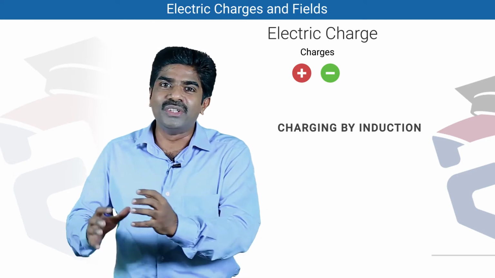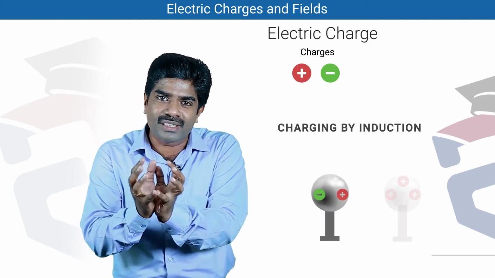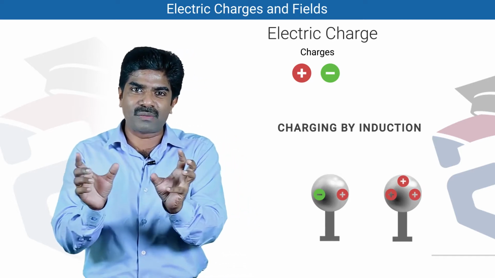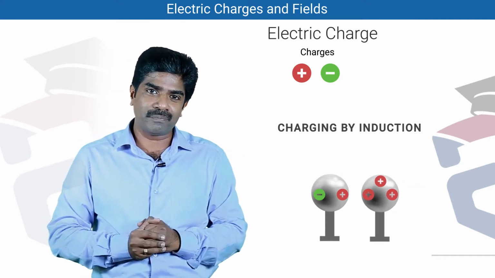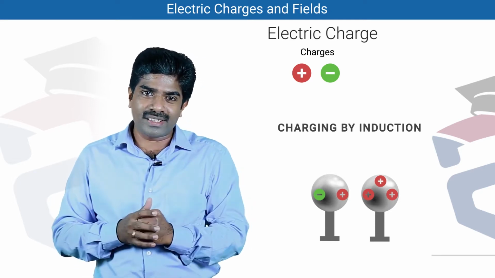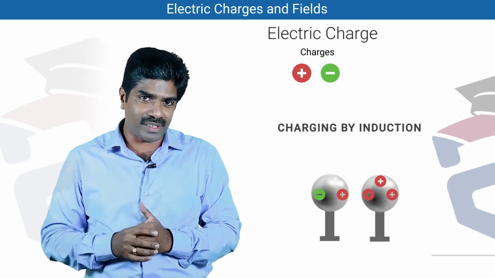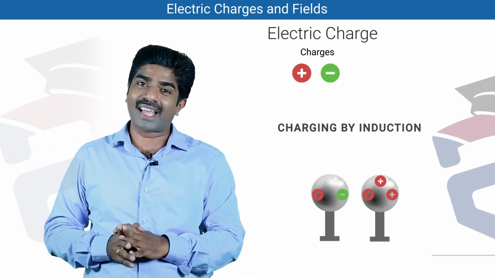Suppose you have a neutral sphere on an insulated stand and a charged sphere on an insulated stand. Both of them are placed close to each other. The positive charge on the charged sphere pulls the electrons from the neutral sphere and pushes the positive charges away.